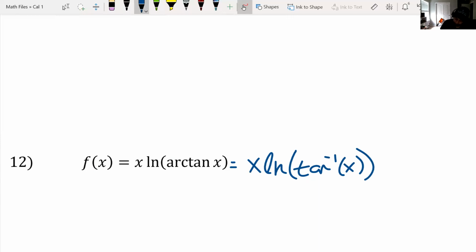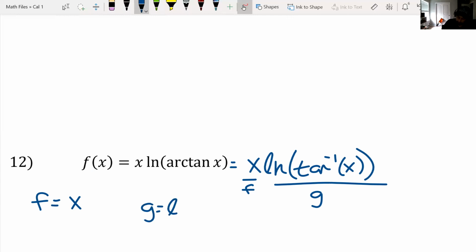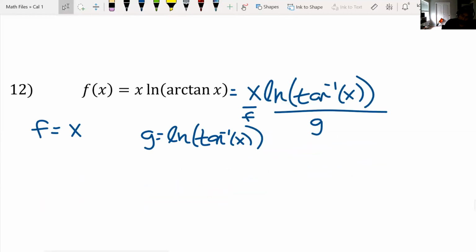Okay. And product rule. There's f, there's g. F is x. G is the natural log of the inverse tangent of x. Let's do it. I got this one. This one's easy. F prime is 1.